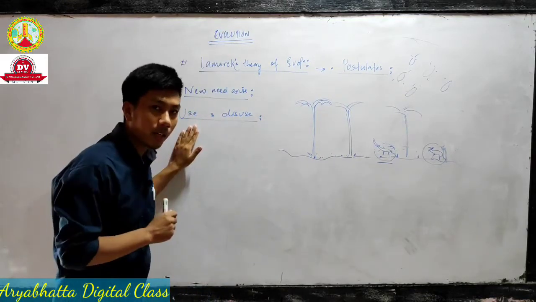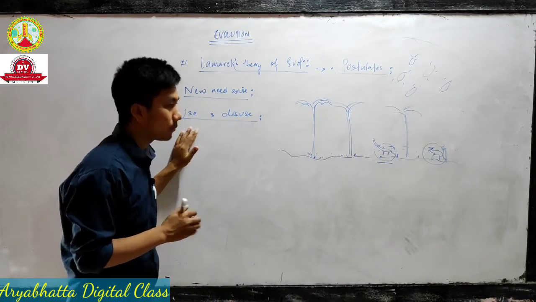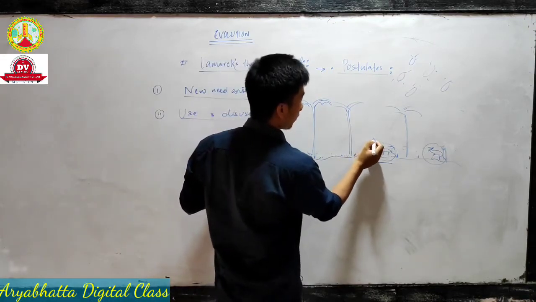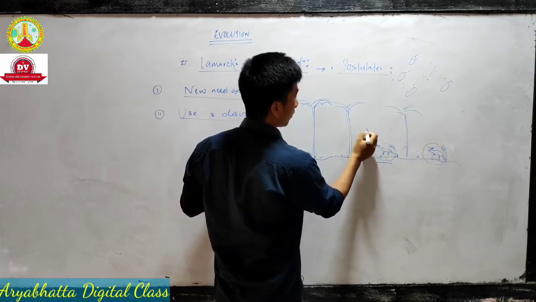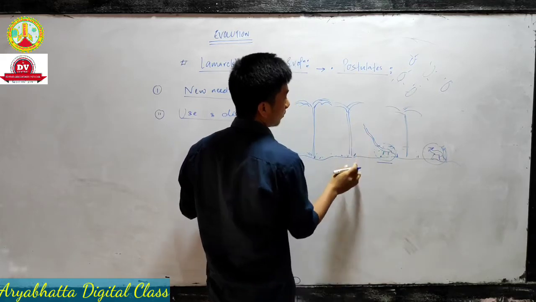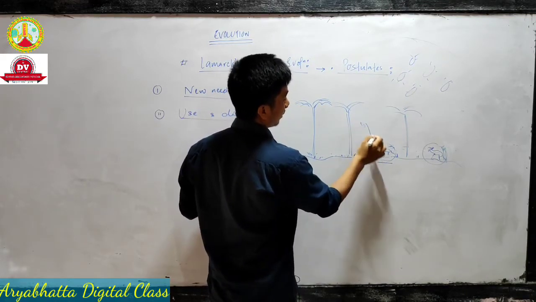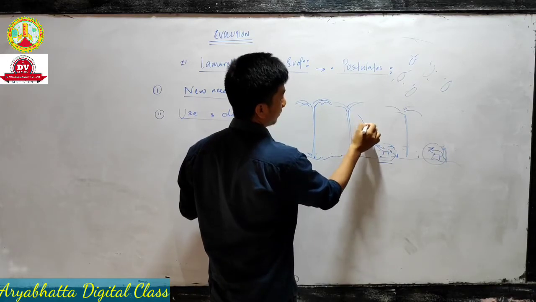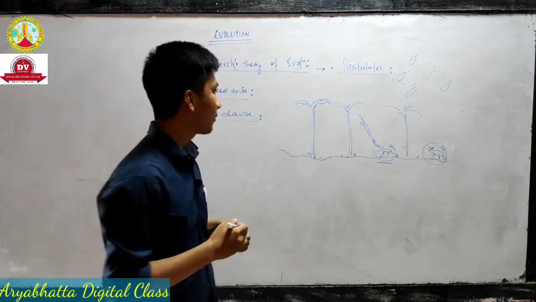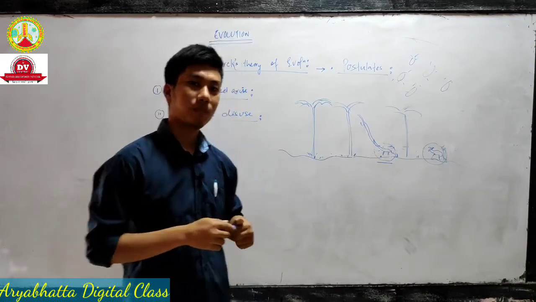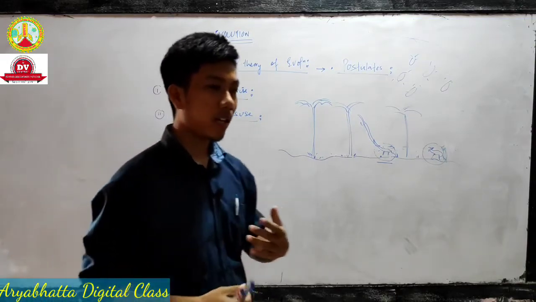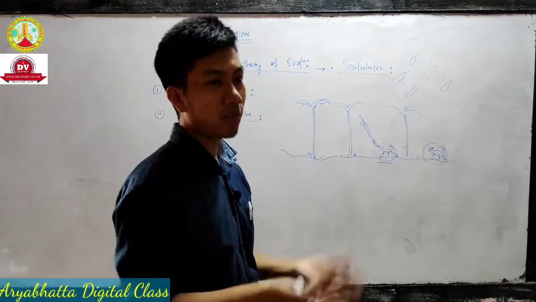So they use their neck and stretch their neck to reach. The shape of the neck becomes irregular; it was straight. Whatever organ is no longer in use becomes disused.